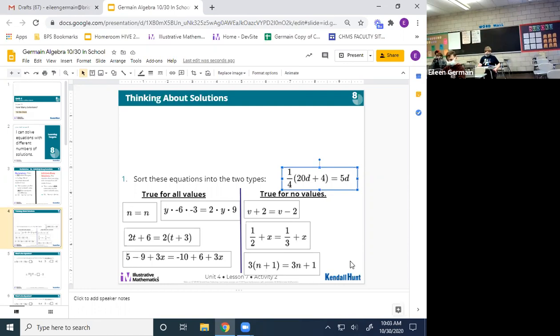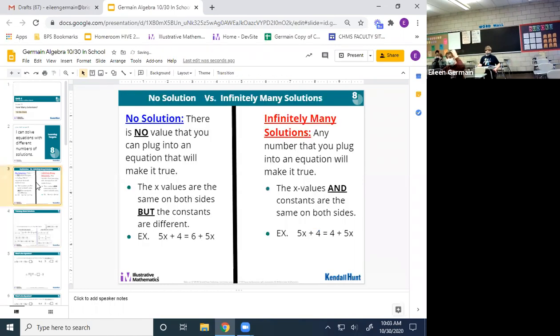So we talked about all versus no solutions versus infinitely many solutions. No solutions, if we remember, is when we have an equation where there are no values that you can plug into the equation that make it true. So you're never going to be able to plug a number in and have it be true.